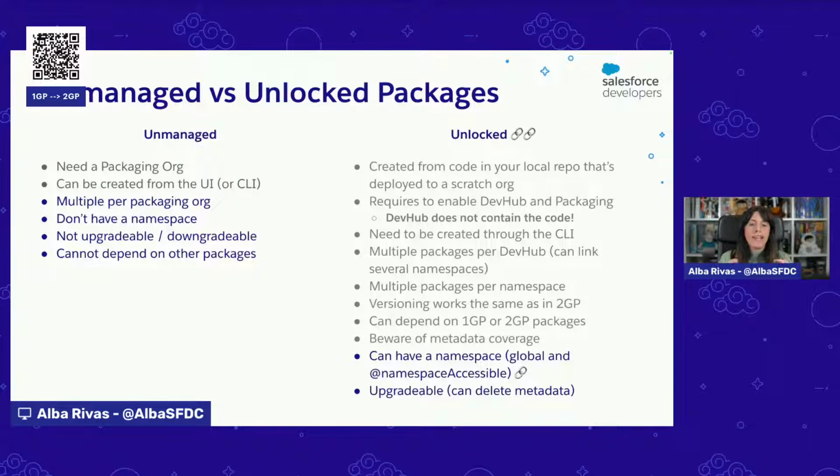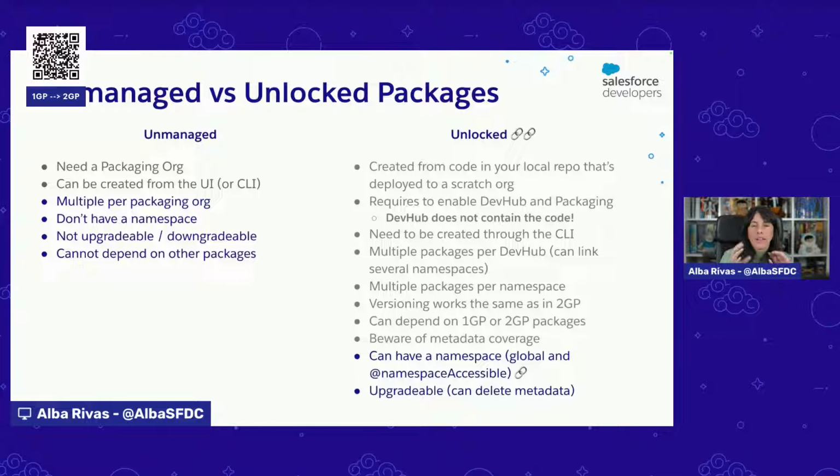So despite that code is not intellectual property protected and it is customer editable, if you decide to add a namespace to an unlocked package, and you want the components or other packages in the same namespace to be able to see some methods in that package, you need to also use global and namespace access, or global classes, or, more conveniently actually, the namespace accessible annotation.